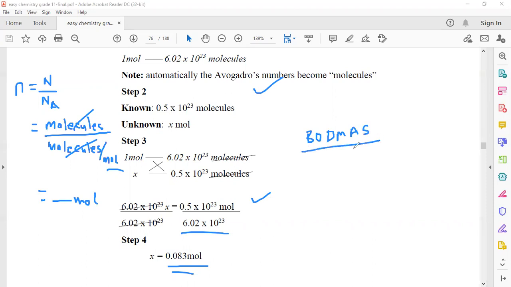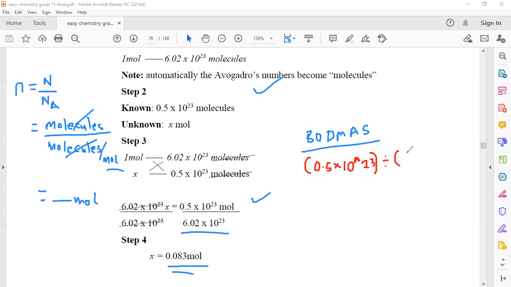This is how you punch it on the calculator: open bracket 0.5 times 10, on the calculator you find this symbol, raised to the power, then you punch 23. Then close bracket, then divide.